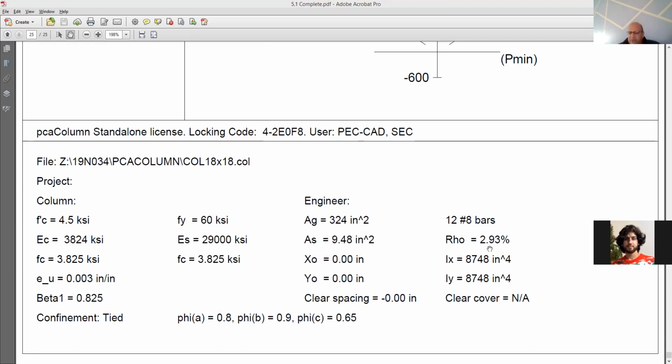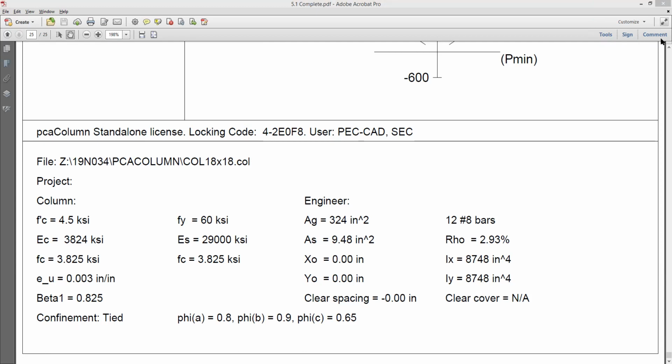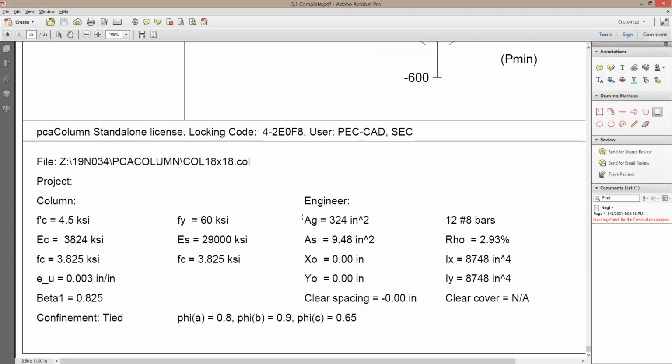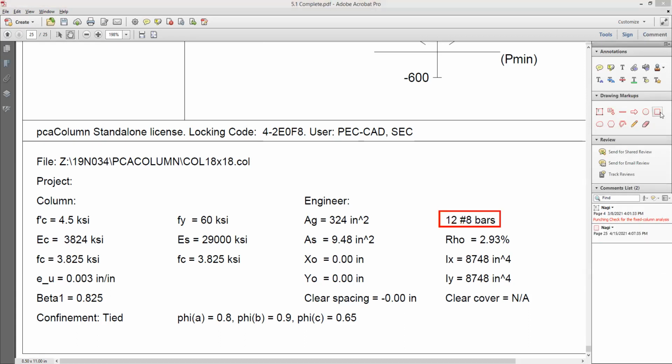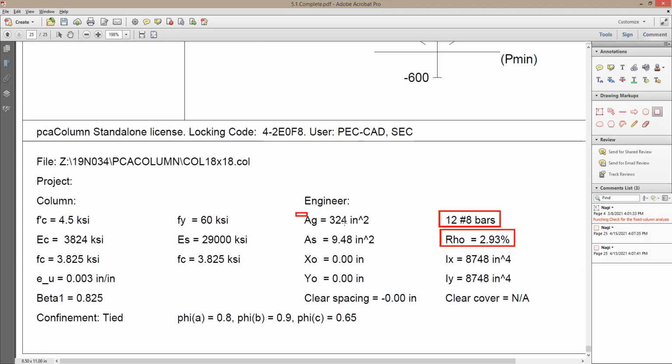So you know it's going to be more than 1%. You have moment of inertia about the X, about the Y, the clear cover, some phi factors. I guess this is going to be enough information. What I care about from this page, if I may mark it here, is the amount of reinforcing, steel ratio, cross section area of the column, and AS, total cross section area of the steel.